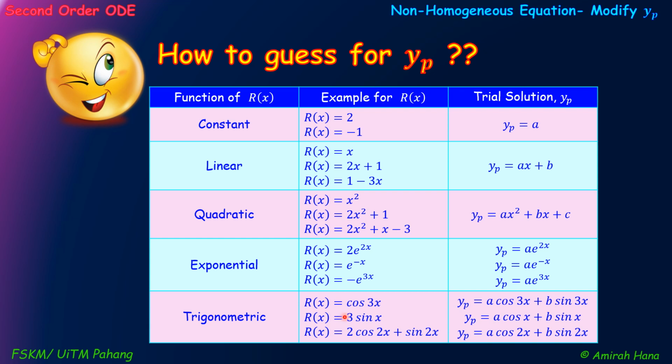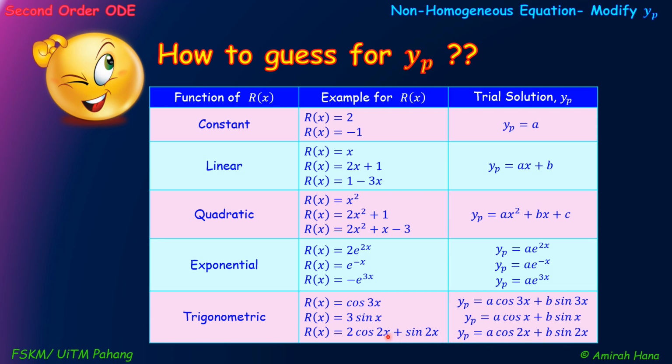If we have 3 sine x, the angle here is simply x. So we must put cos x and sine x. In between must be plus, in front of cos x we have constant A, and in front of sine x we have constant B. And if we have a combination between cos and sine, we also write YP equals a combination of cos and sine.